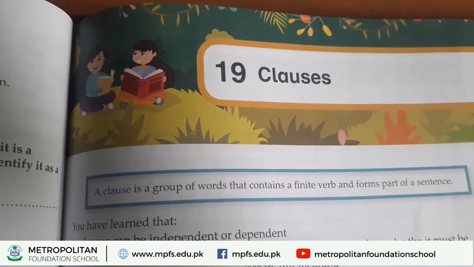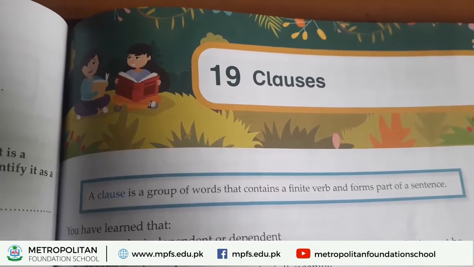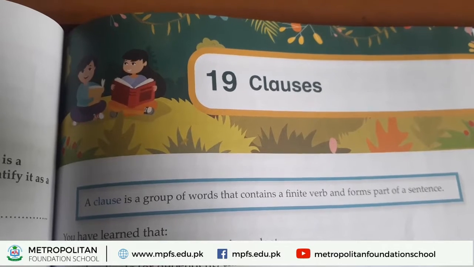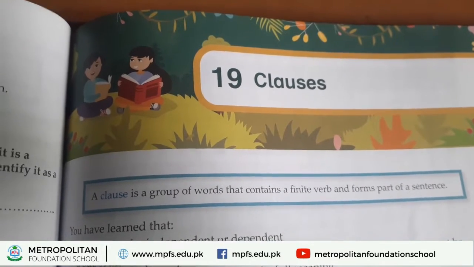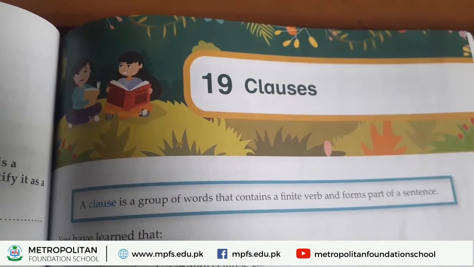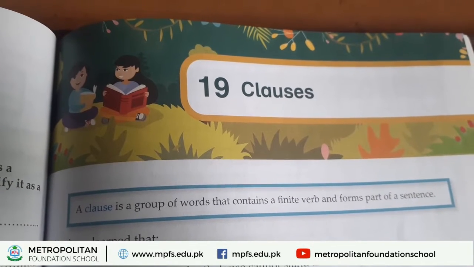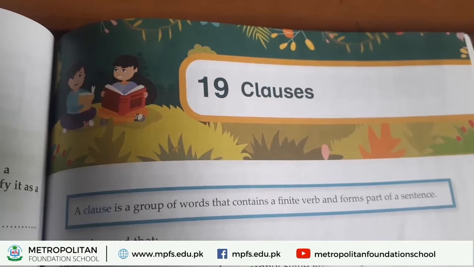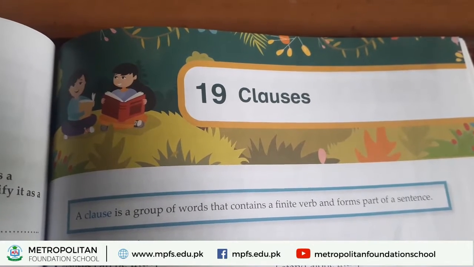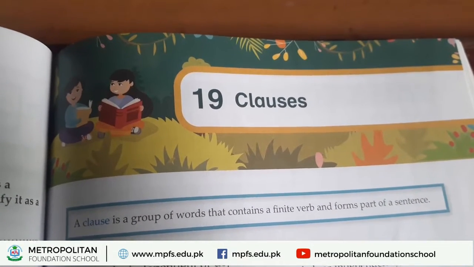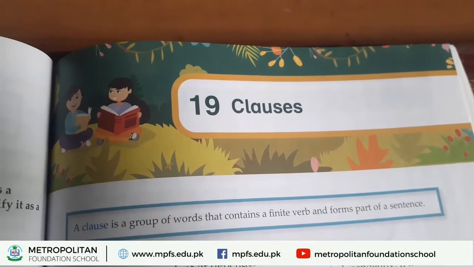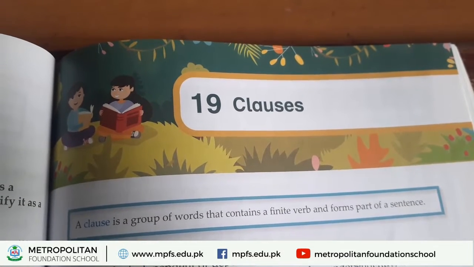We have just seen that clauses can be independent or dependent, subordinate or dependent. Dependent clauses cannot stand alone independently, so they must be linked to the main clause to express their full meaning.